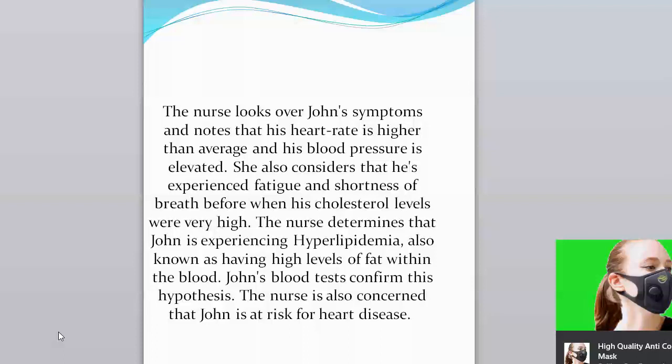The nurse determines that John is experiencing hyperlipidemia, also known as having high levels of fat within the blood, and John's blood tests confirm this hypothesis. The nurse is also concerned that John is at risk for heart disease. Obviously, high cholesterol, especially high LDLs, will put a person at risk for cardiovascular or heart disease.